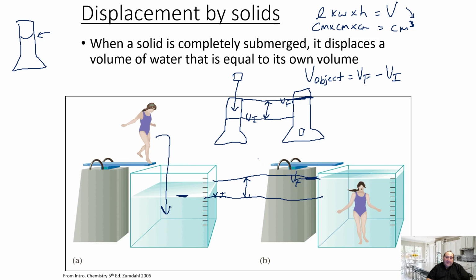And in this particular case, I hope this is not just markings, but maybe a ladder to get out of that box, or I hope she could hold her breath for a while there. But volume by displacement is really a very common way that we calculate the volume of a solid object. It's very easy to do. Just need some water or something like a graduated cylinder, and you can figure out how much volume is there.